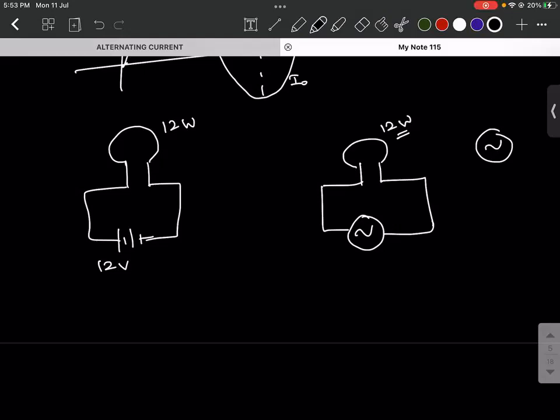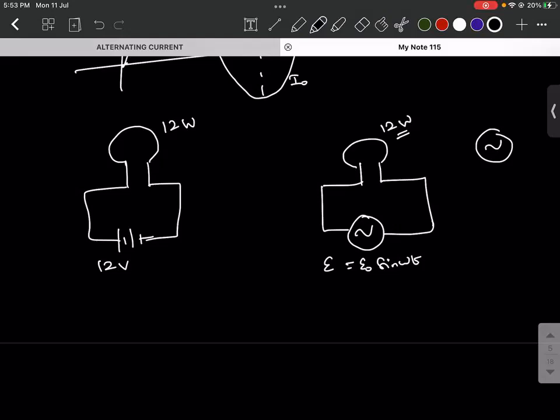For example, if I take the AC source to be E is equal to E naught sine omega t, and I connect the alternating source directly, there will be a continuous variation in the brightness and darkness of the bulb. It will start blinking, which will not be comfortable for us.